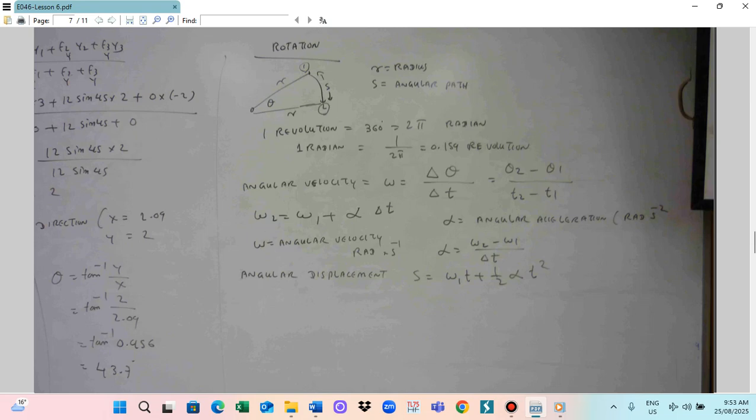And in the meantime, we can also calculate the final velocity. Final velocity, W2, is equal to initial velocity W1 plus alpha into t. In this case, alpha is the angular acceleration, and W is the angular velocity.